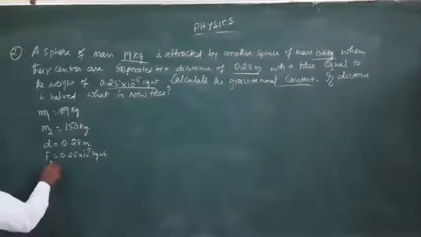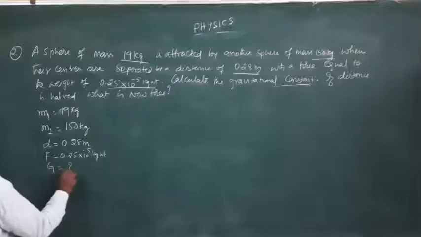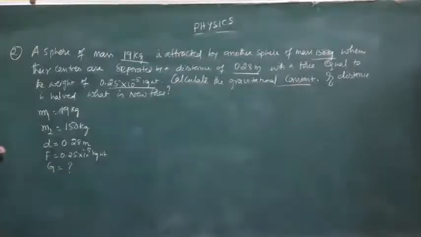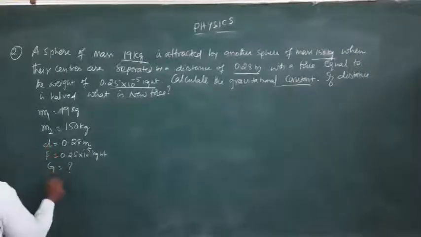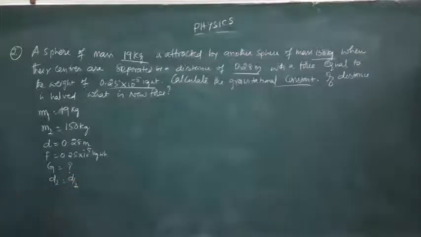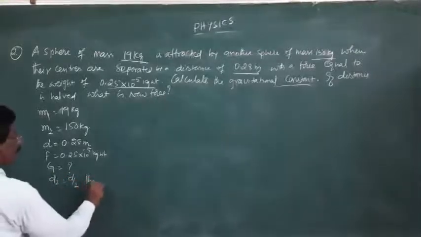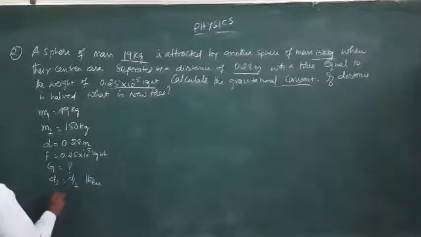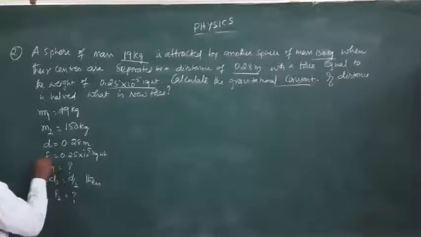Then we have to calculate the G value. In continuation of this problem, if the distance d2 is equal to d by 2, then what will be the force? I call this one F1 and the new force F2.